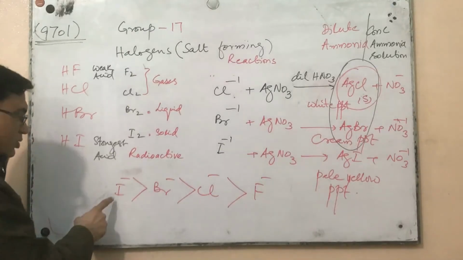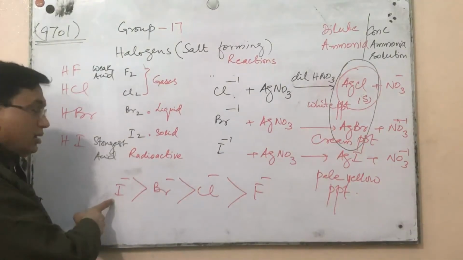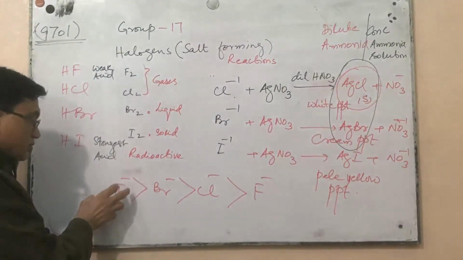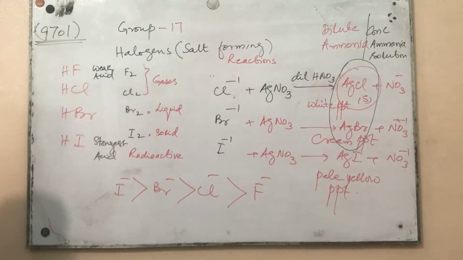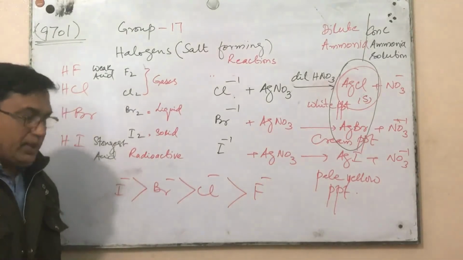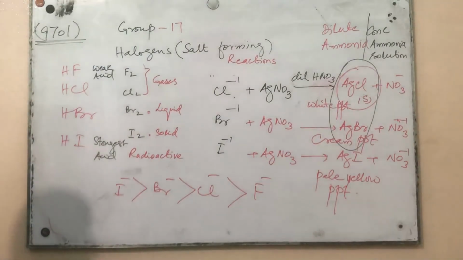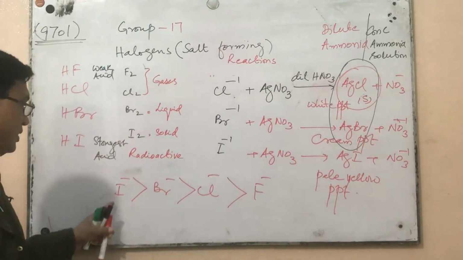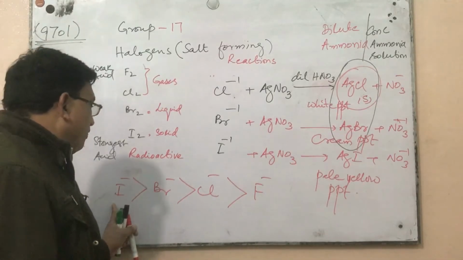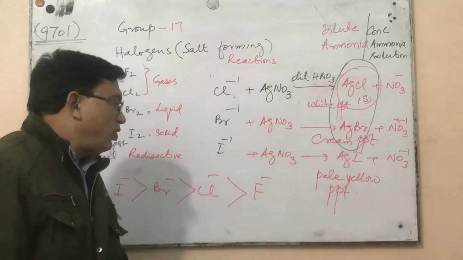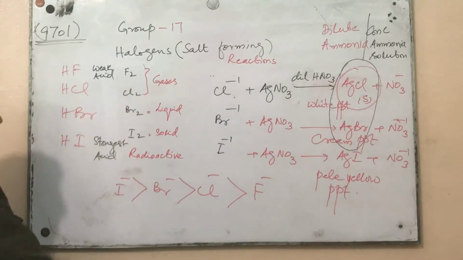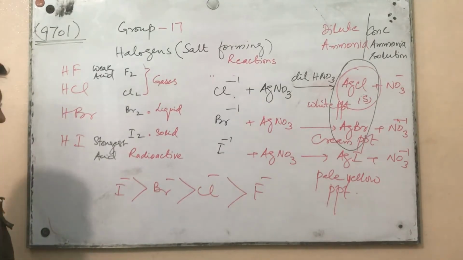It means the electron removal from the iodide ion due to the larger size is quite easy. That's why iodide ion can easily be changed into iodine atom by losing an electron. Definitely this will act as a reducing agent, and this property decreases from iodide to fluoride ion. It means that their reducing nature decreases.